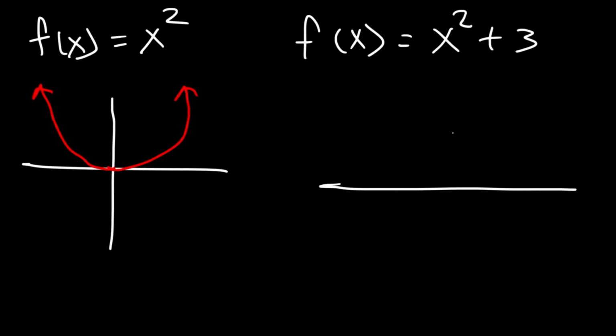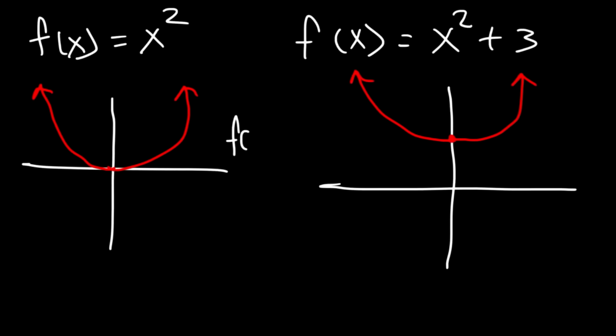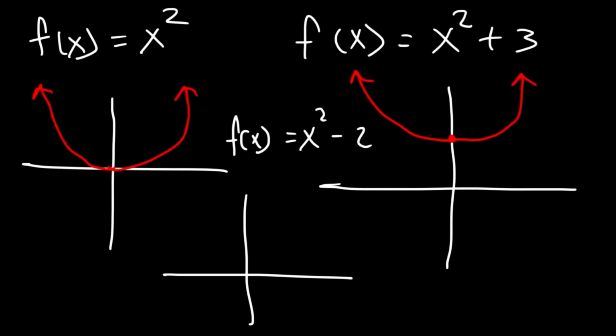This is going to be a vertical shift up 3 units. So the graph is going to start at 0, 3, and it's going to look the same. Now, for example, let's say we wanted to graph x squared minus 2. We're going to have the same type of graph, but it's going to shift down 2 units. And so it's going to look like that.